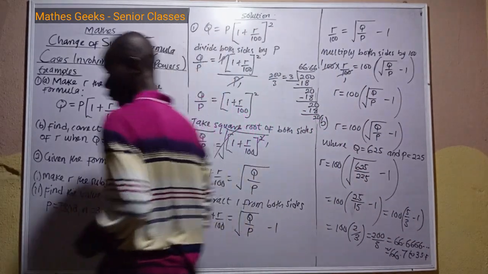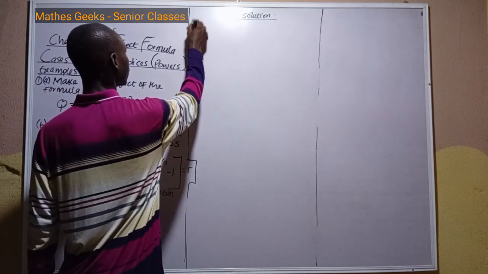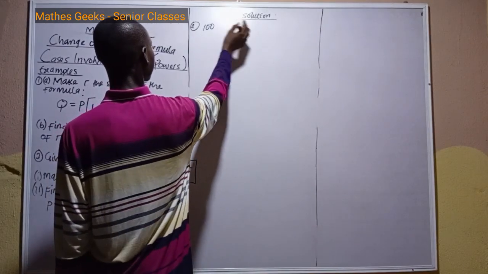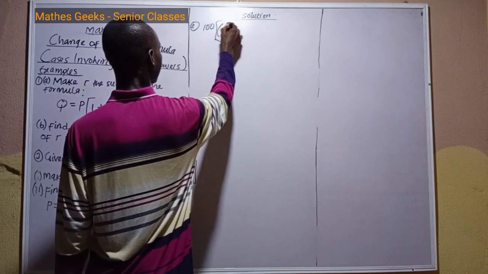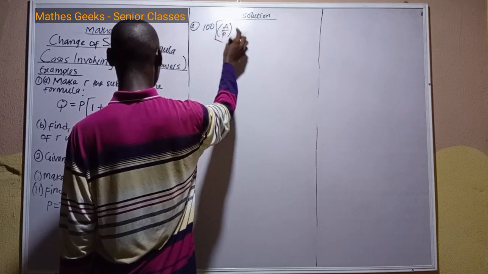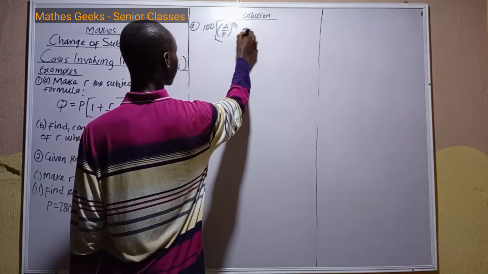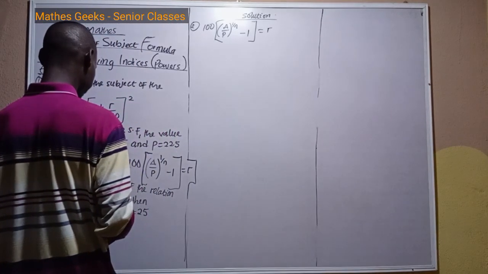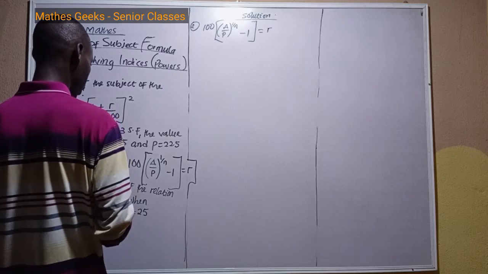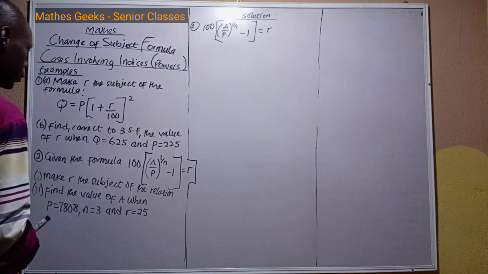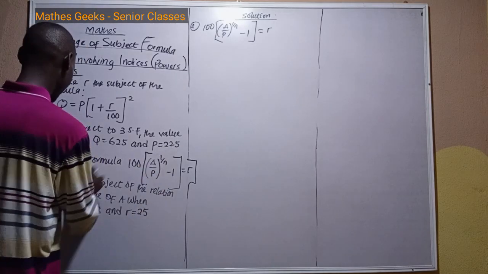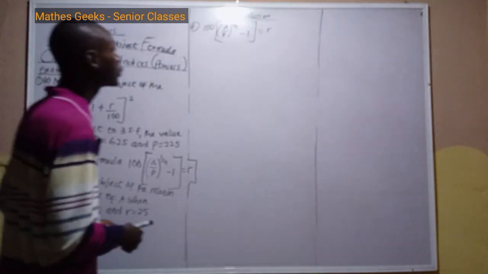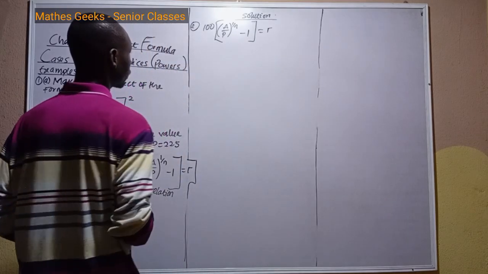So given the formula 100 times e over p to the power of 1 over n, minus 1, equals r, we're to make e the subject of the relation.